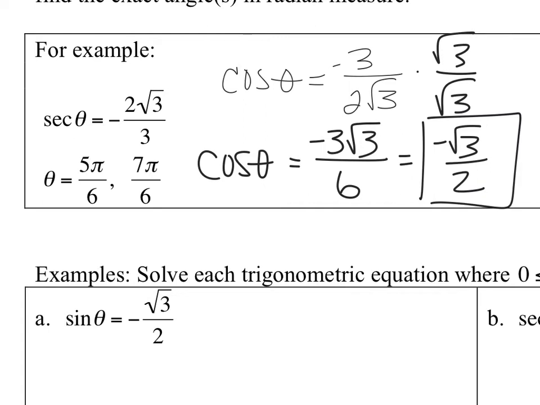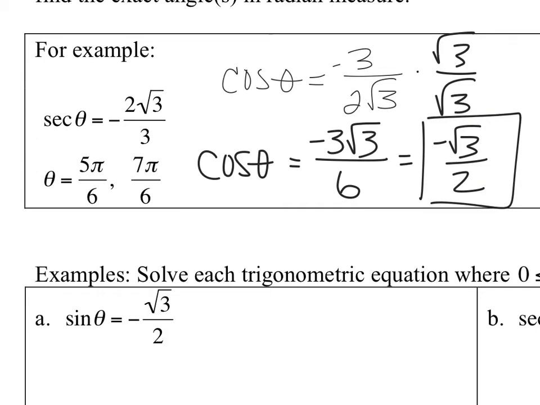Yes. So what we're going to do is find on the unit circle where cosine equals negative square root of 3 over 2. Cosine is the x value. So I'm going to look on my unit circle for where x is negative square root of 3 over 2. And where's cosine negative? Second and third. So we're looking in the second and third quadrants.